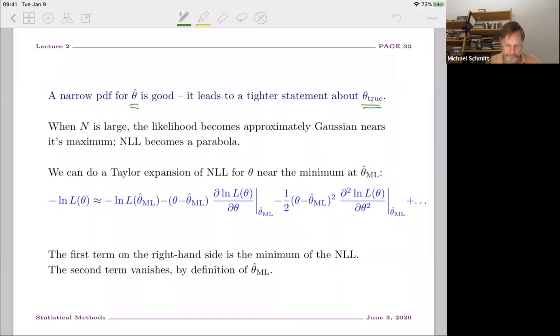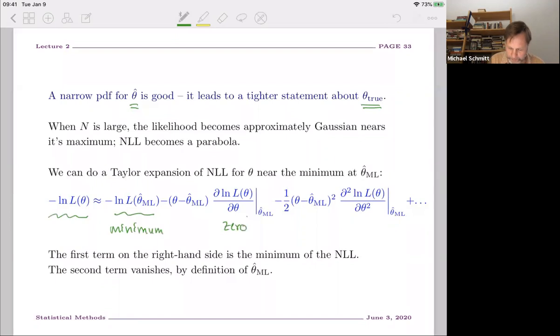Okay, and we can address this using the maximum likelihood method in a very nice way. Okay, so we like to minimize the negative log likelihood. That's this thing on the left. And this is an ordinary Taylor expansion. This is just the minimum. It's a constant, does not really interest us. This term here is 0.